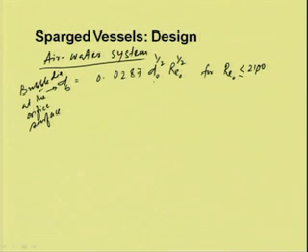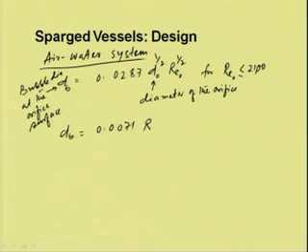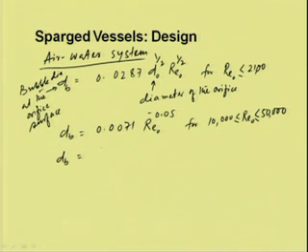Here d0 is the diameter of the orifice, and dB will be equal to 0.0071 Reynolds number to the power minus 0.05 for Reynolds number greater than 10,000 and less than 50,000. dB in meter and d0, the diameter of the orifice, also in meter.